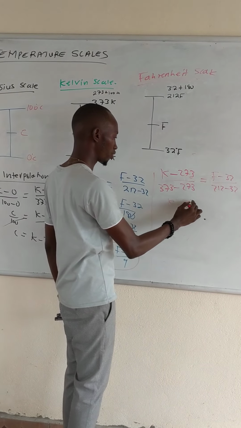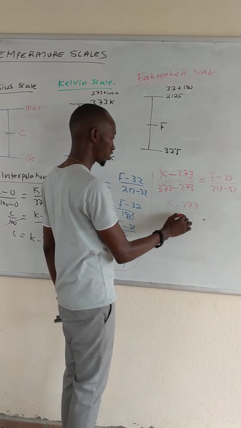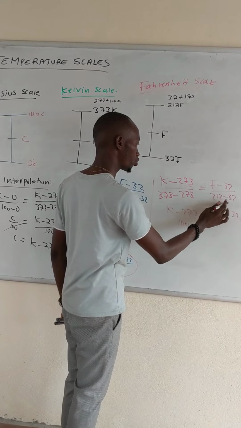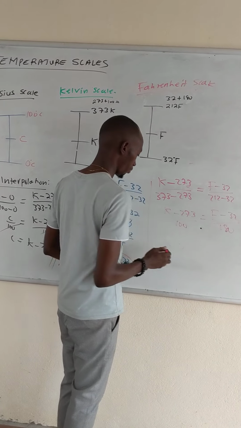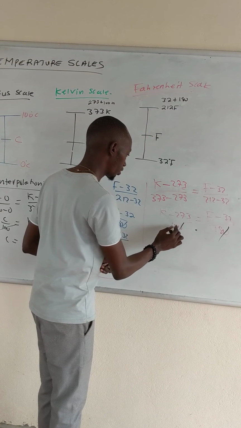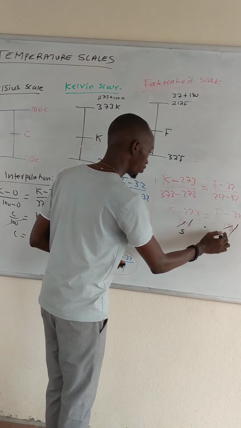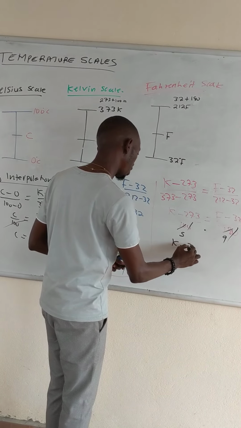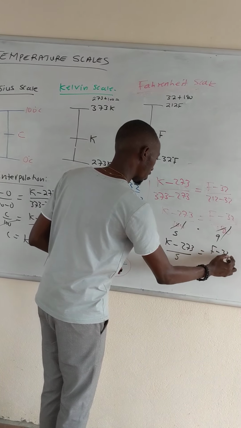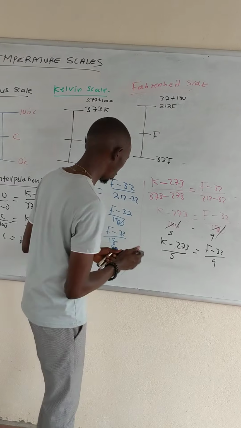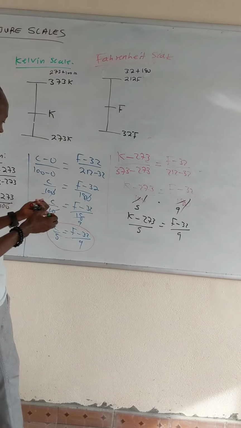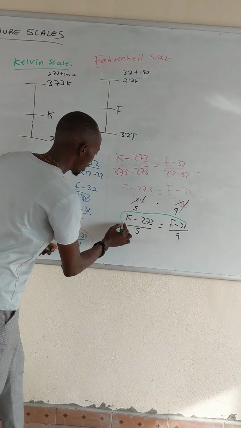So we have K minus 273, this minus this is 100, F minus 32 maintains, 212 minus 32 is 180. 0 cancels 0, 20 into here is 5, 20 into here is 9. So we have K minus 273 all over 5 equals F minus 32 all over 9. So this is just the basic relationship that connects these three scales.